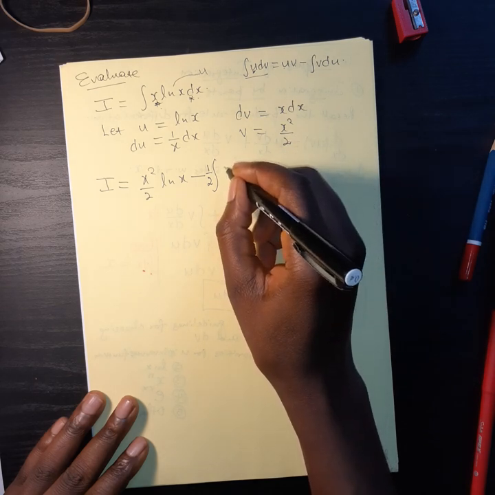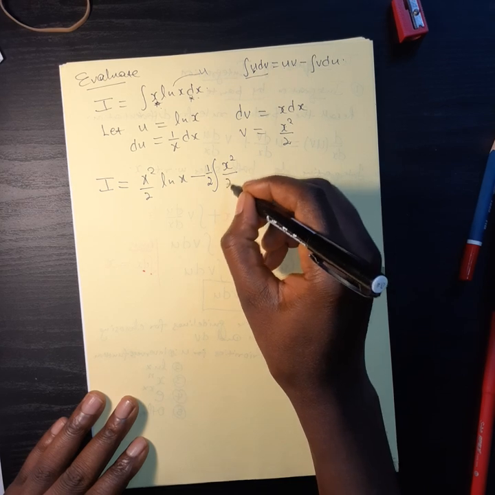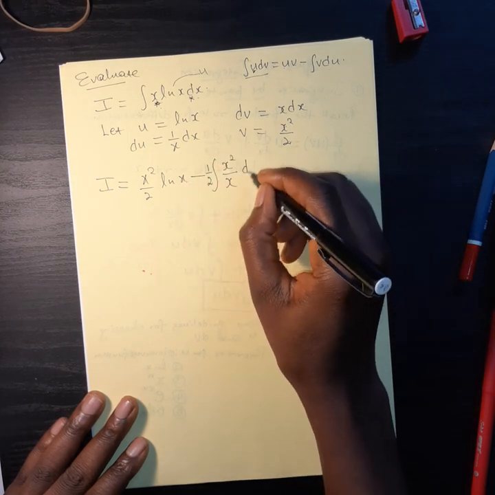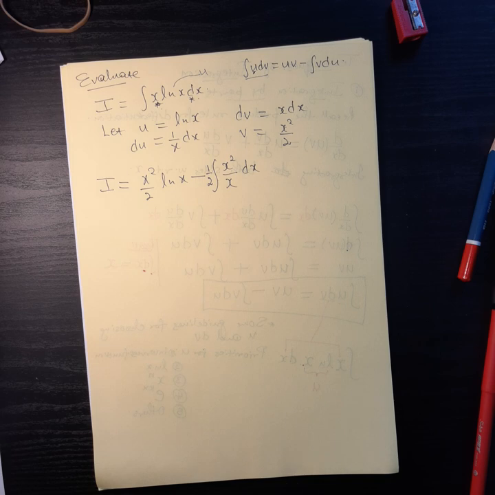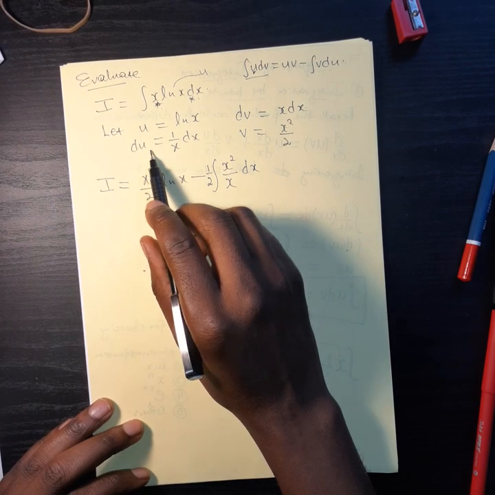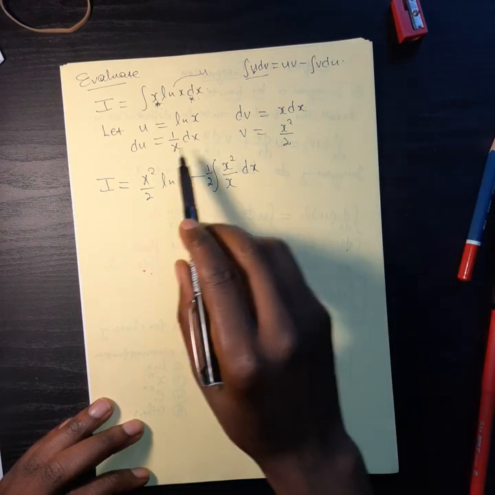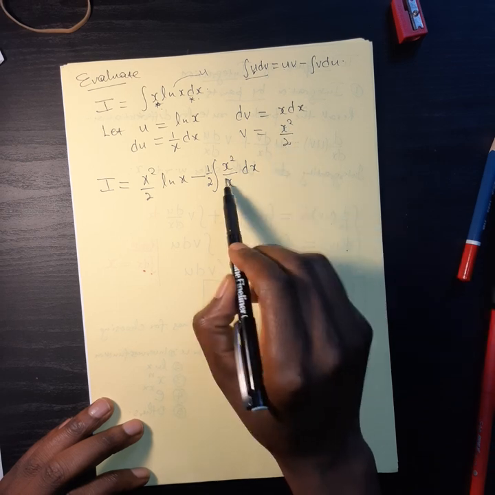Then we'll be left with x squared over x dx, like that, because du is 1 over x dx, v is x squared over 2.